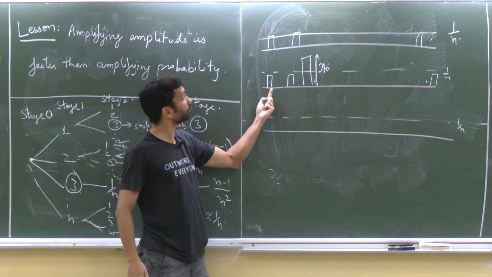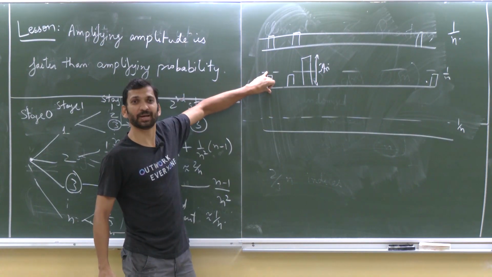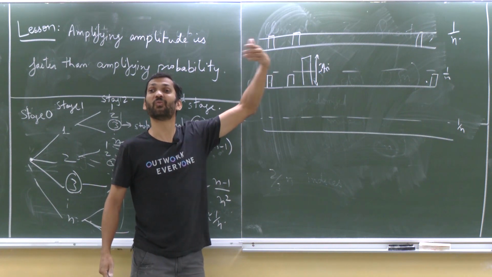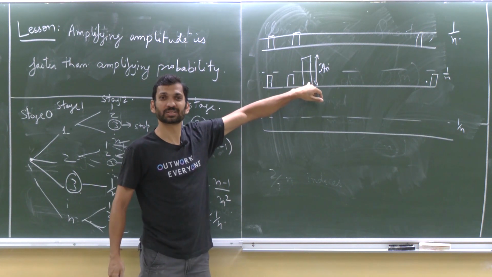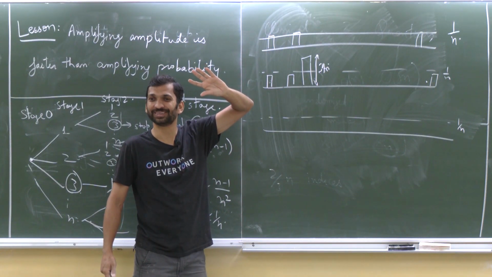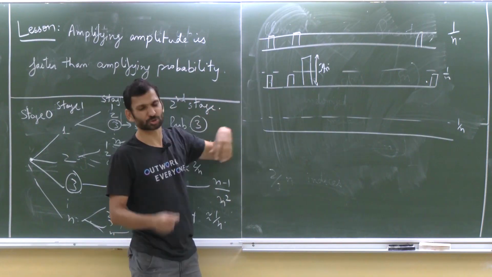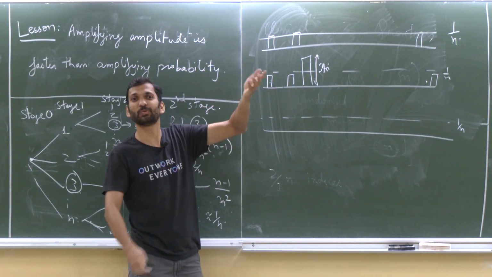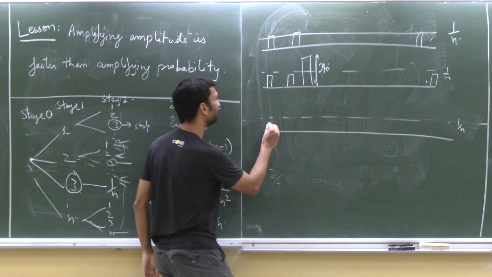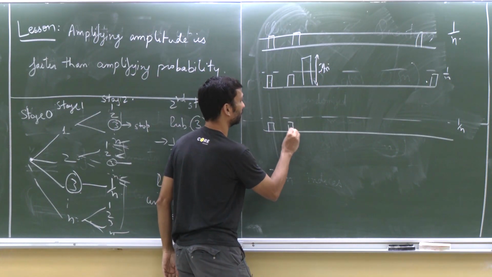So again, all of these, approximately 1 by n's, will contribute 1 by n square to this. So again, this will get raised by around 1 by n. Increased by 1 by n, in total it will become 3 by n. These will become slightly smaller.